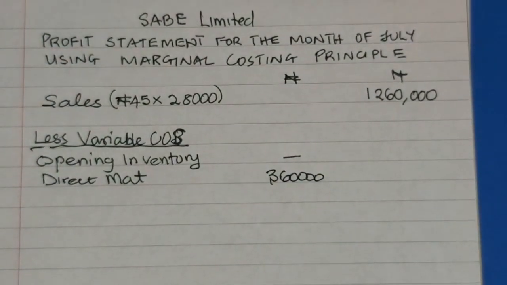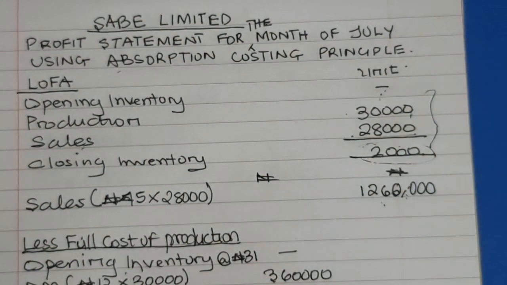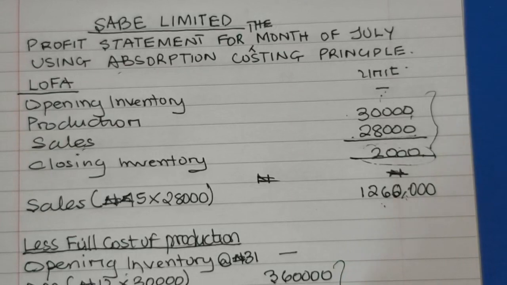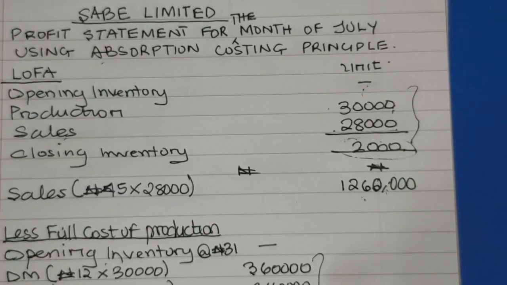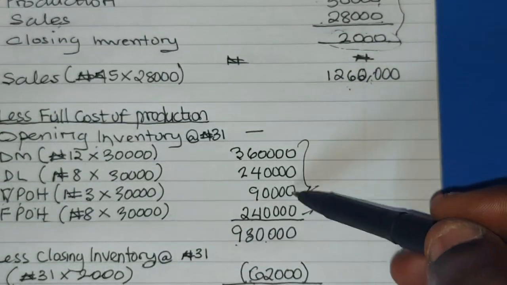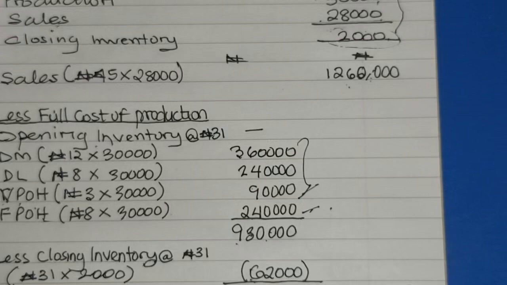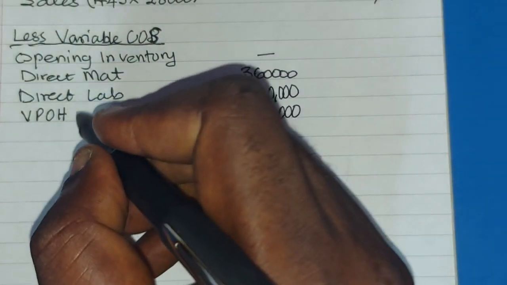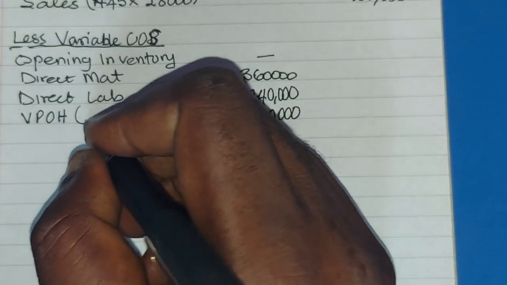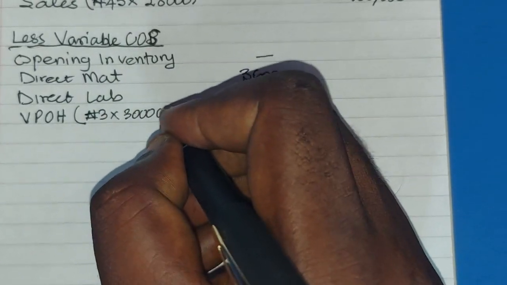So all you need to do is to repeat all this up to variable production overhead: direct material, direct labor, variable production overhead. As you can see from the cost card, variable production overhead is 3 naira times the production units.